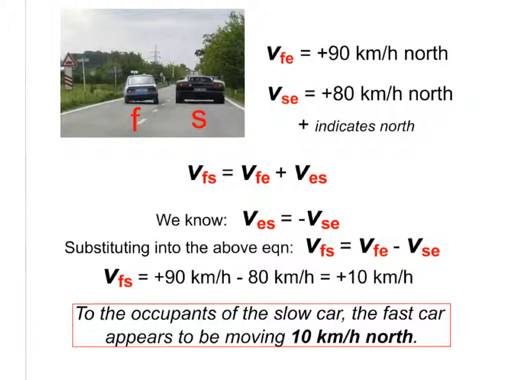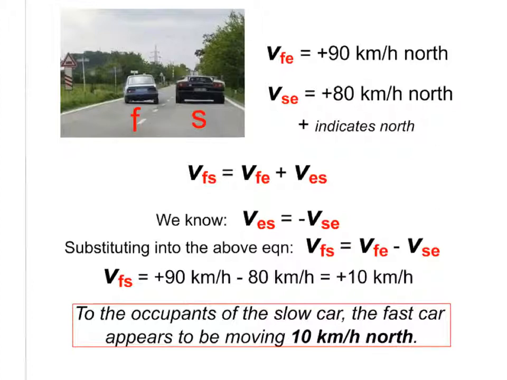We know the velocity of the fast car with respect to Earth is plus 90 kilometers per hour, and the velocity of the slow car with respect to Earth is 80 kilometers per hour. So 90 minus 80 equals positive 10. So the occupants of that slow car are perceiving that the fast car is moving at 10 kilometers per hour north. As they're sitting in this little slow car, they look over and it appears that that fast car is going 10 kilometers per hour north.